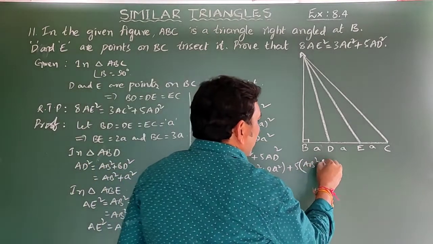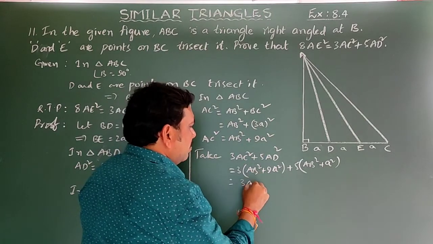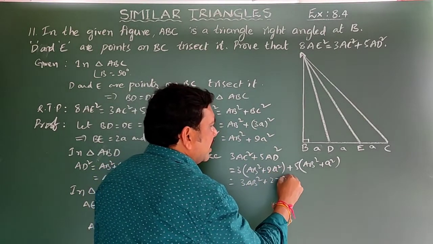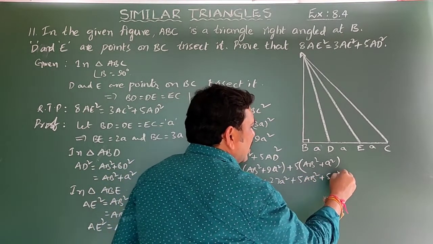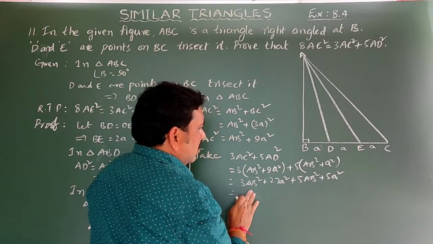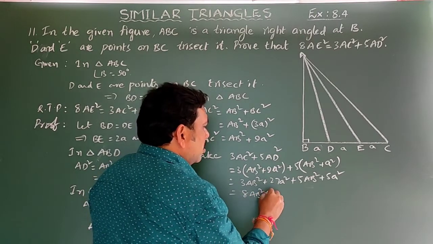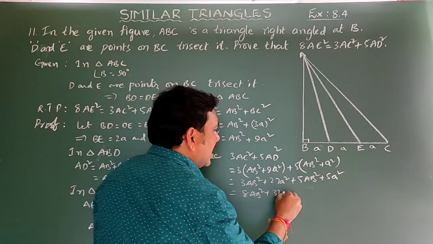So 3AB square plus 3 nines are 27a square, plus 5AB square plus 5a square. That is equal to 3AB square plus 5AB square, 8AB square, plus 27 plus 5, yes, 32a square.